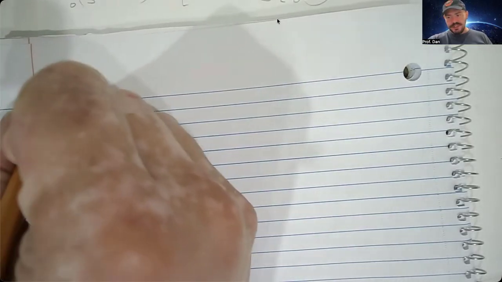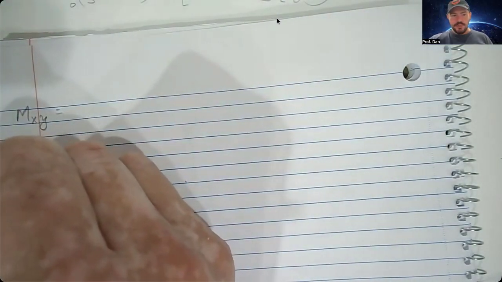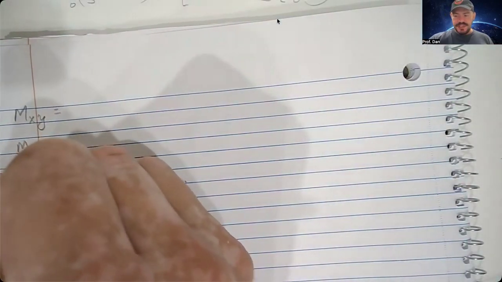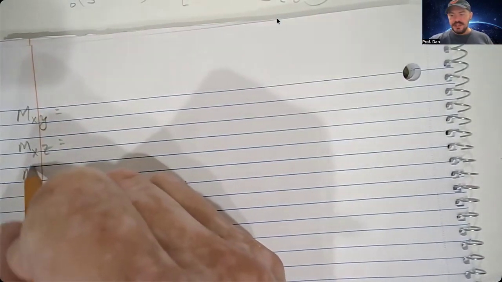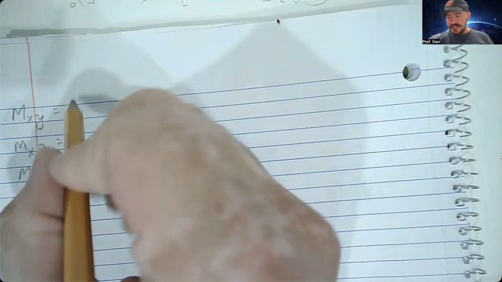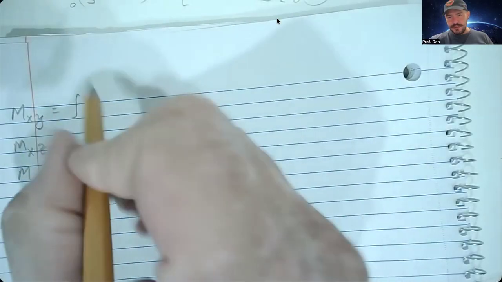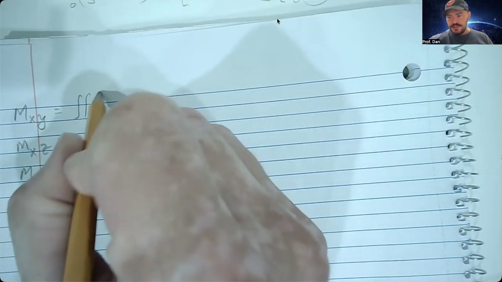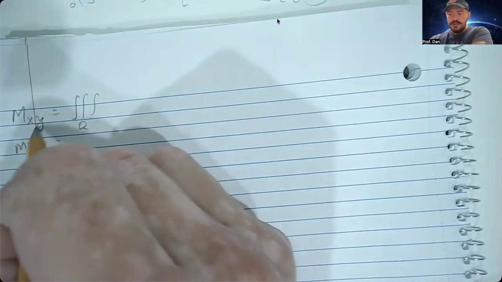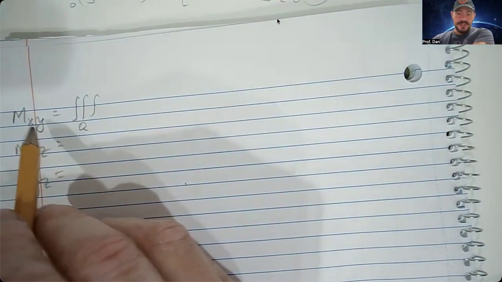So we're going to have our moment along the XY plane. We're going to have a moment along the XZ plane. We're going to have a moment along the YZ plane. And it works really similar to how moments did with two variables, right? So we're still going to be doing a triple integral over the region Q. This time, though, Z is the variable that is not there.